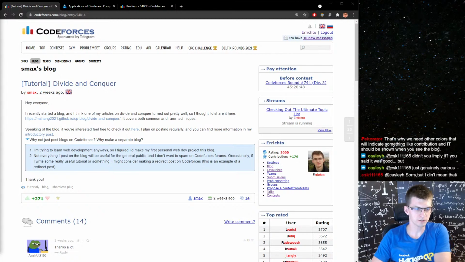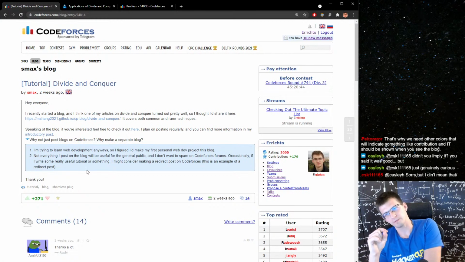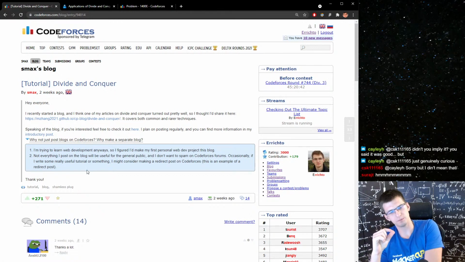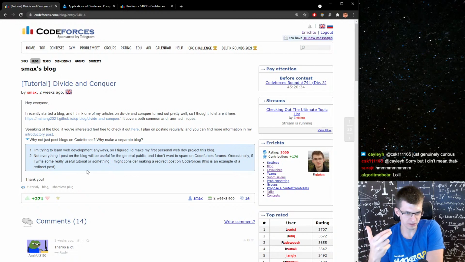If we have other colors to show contribution... there are many people in Codeforces who are low rated, but they are very good at algorithms and math. There are a lot of people extremely strong at math.